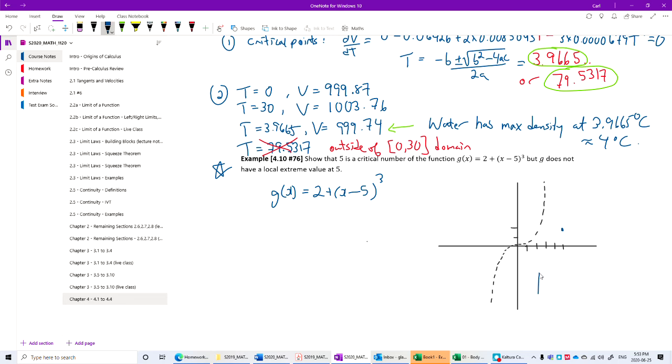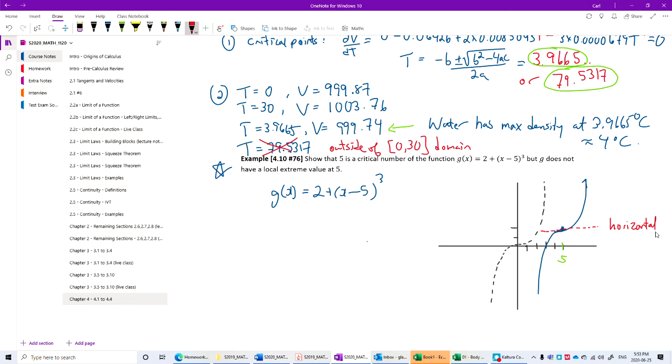I'm shifting it up by 5 and right by 2. Nope, other way around. Right by 5 and up by 2. So that's the point 5. What we're saying is it's a critical value there, which means that either the derivative is 0 or undefined. It looks like the derivative is 0.